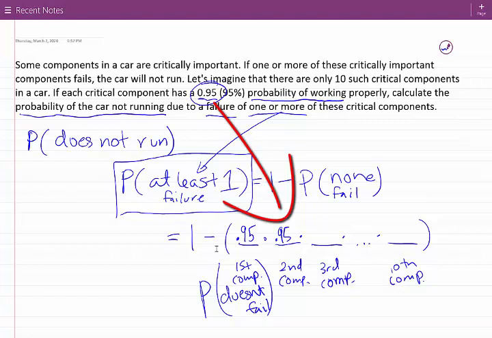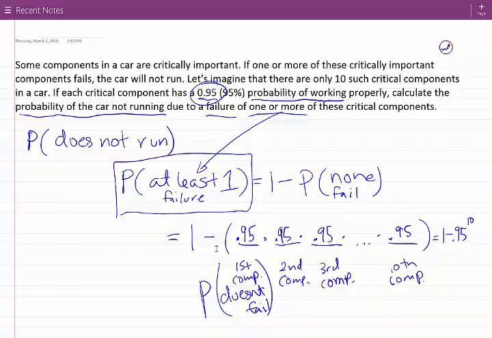So remember, 95% chance that it works, that's the same as it not failing, and same probability for the third component, and so on and so forth. So we'll be able to assume that each of these has a 95% chance of working, which means that the answer to my question is going to basically be 1 minus 0.95 to the 10th power. Why 10? Because there are 10 components here. And if we do that calculation, we should have the answer to the probability that at least one fails.